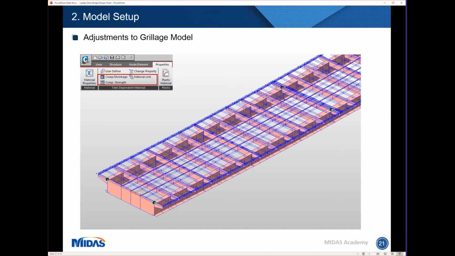So although in construction stages we have the option to define durations of each construction stage period, which serves as a basis for a calculation of time-dependent effects, we still need to manually define creep, shrinkage, and the development of compressive strength of concrete, and then create a material link between those effects and the materials we have assigned to sections.